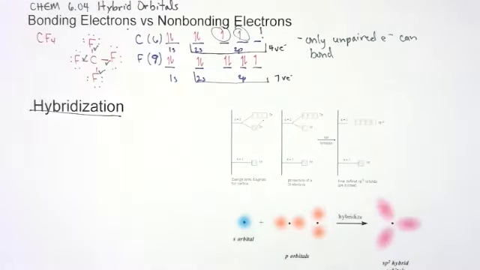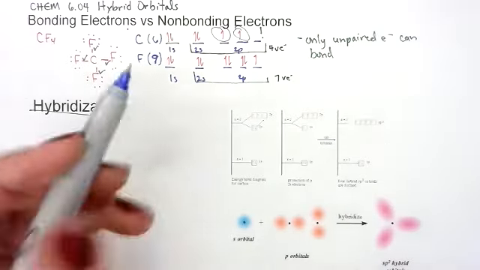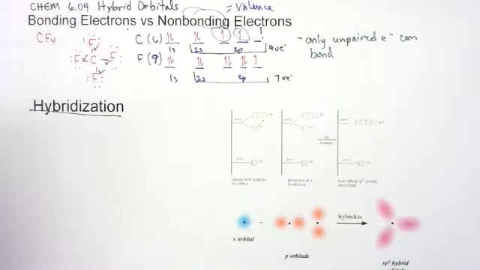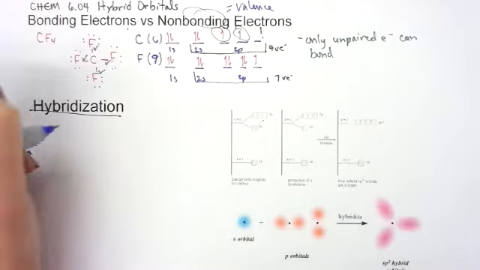So if we did the Aufbau diagram, so now instead of doing an orbital diagram, I'm going to do an Aufbau diagram of carbon's valence electrons. And we're just going to look at the valence electrons because remember, bonding is only valence. So carbon's valence electrons, we have a 2s and we have the 2p.